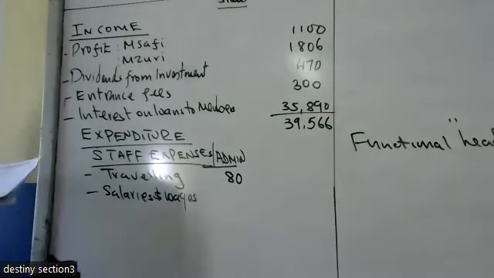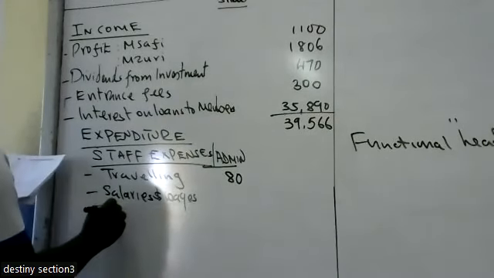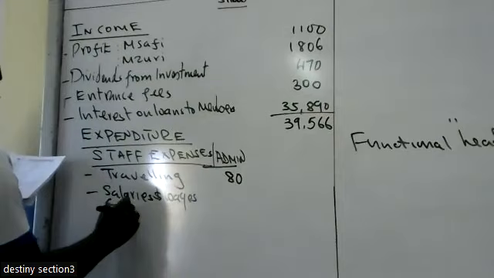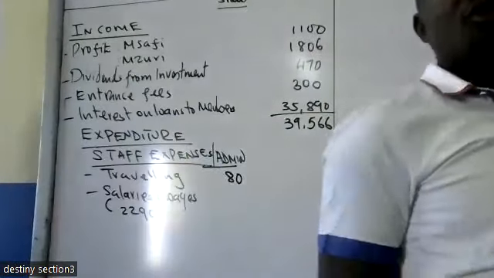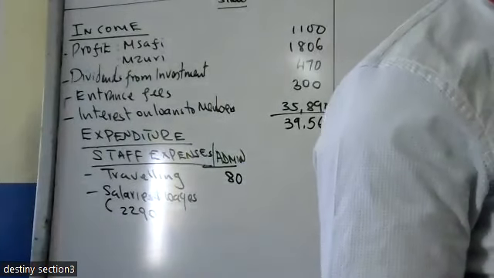So salaries and wages, we have been given 2290, but kindly check note number 4. Then you add, because that is accrued. Check note 4.